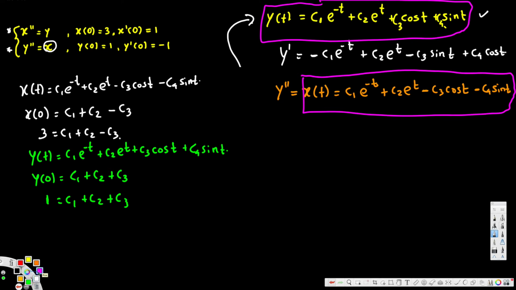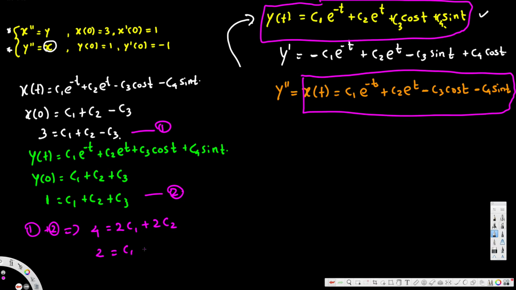Okay, let's say this is equation number 1. Let's say this is equation number 2. If we add them together, the c3 terms will get rid of. 1 plus 2, we will get 4 is equal to 2c1 plus 2c2. Okay, therefore if we divide everything by 2, 2 is equal to c1 plus c2. So we have c1 and c2 value.